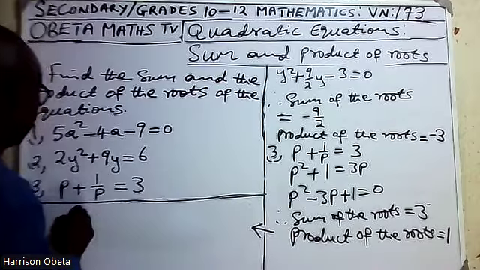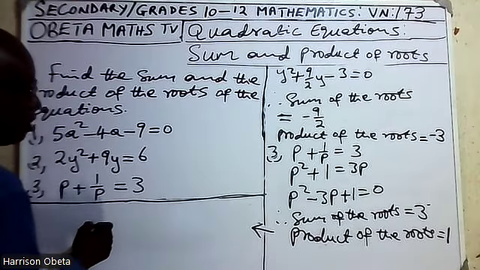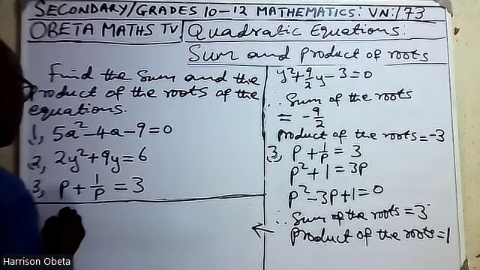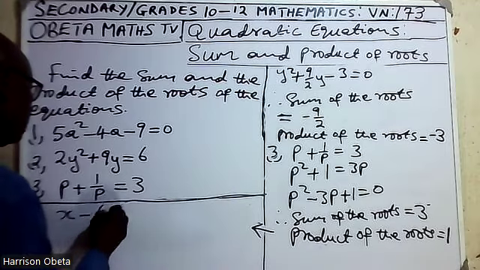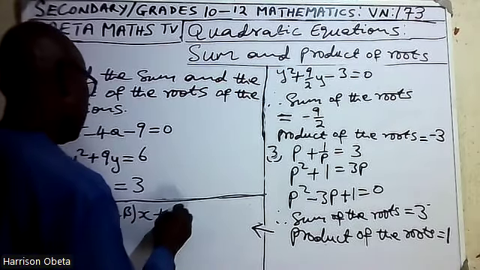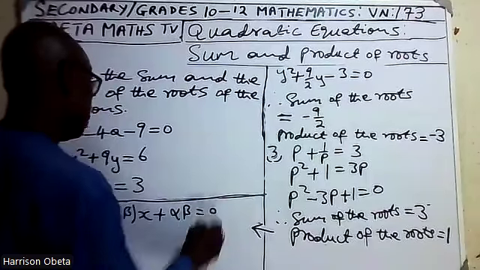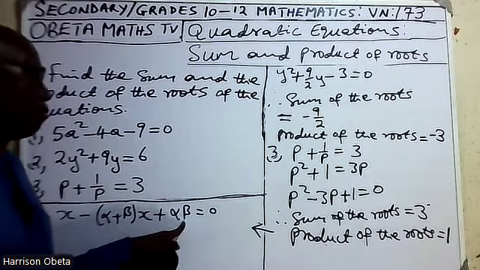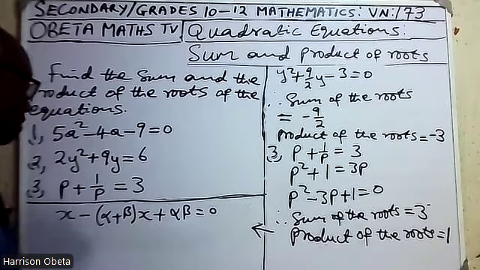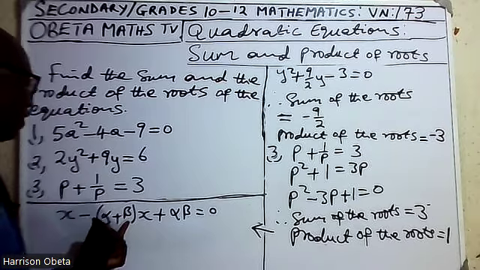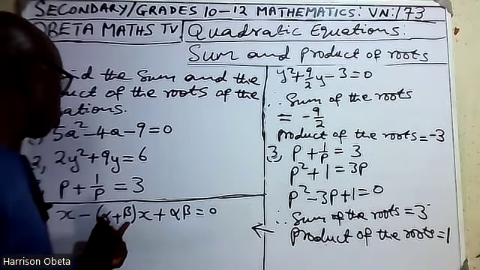Assuming that you are talking of x, it is x squared minus alpha plus beta x plus alpha beta equal to 0, where alpha plus beta is the sum of the roots and alpha beta is the product. If the equation has a negative here, whatever the value is should be the sum.